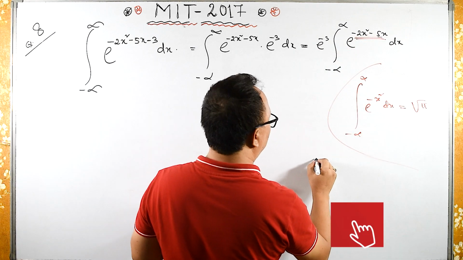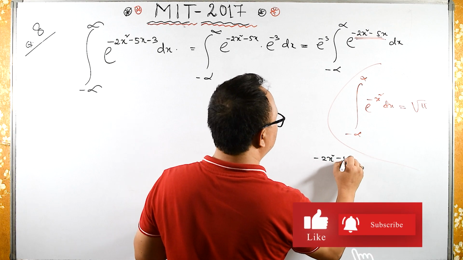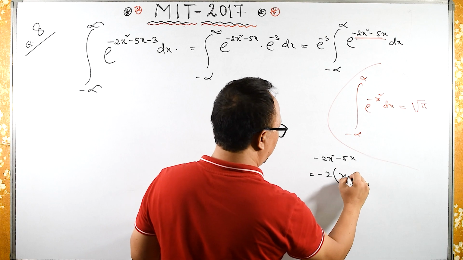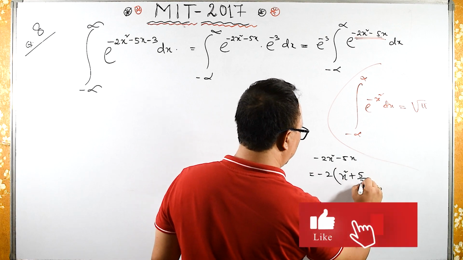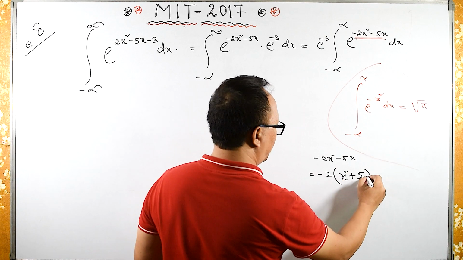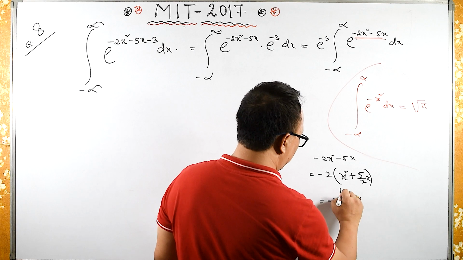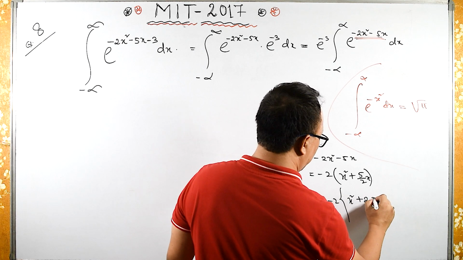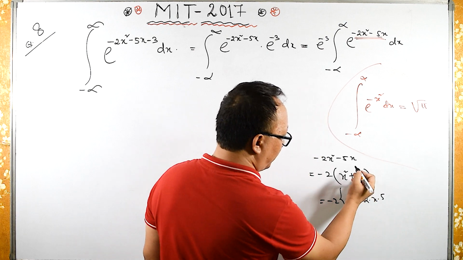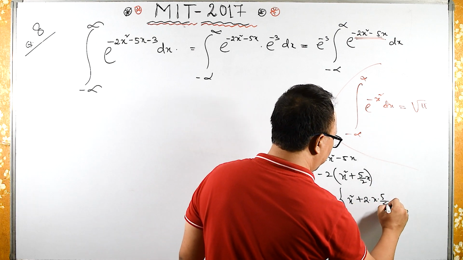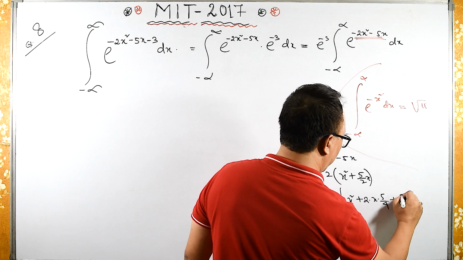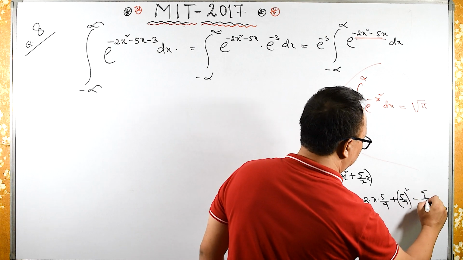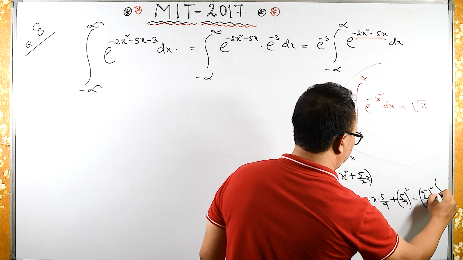Let's consider minus 2x square minus 5x. If I take minus 2 common, it is minus 2 times x square plus 5 by 2 x. This is of the form x square plus twice a x, so I want to get 5 by 2, and I need to write 5 by 4 plus 5 by 4. The whole square is what I need, but this is extra, 5 by 4 the whole square.